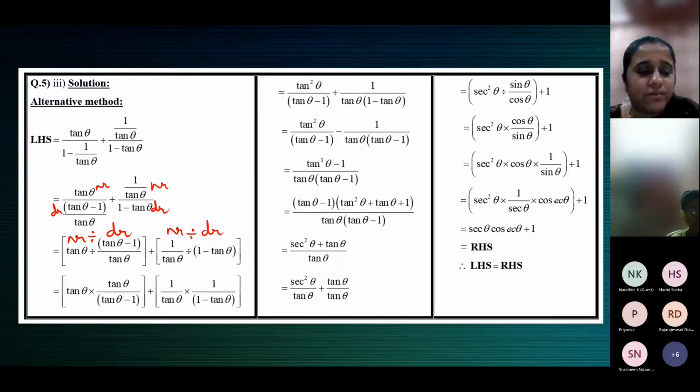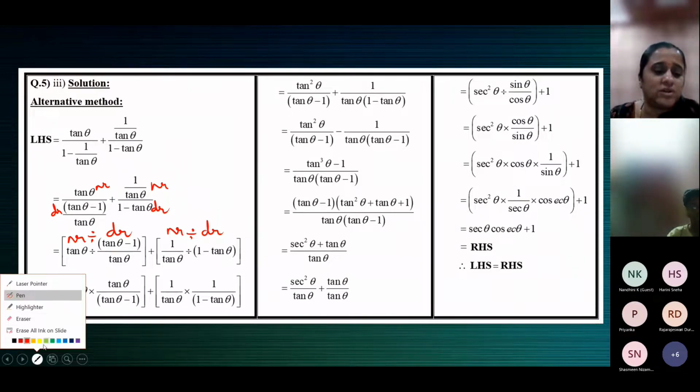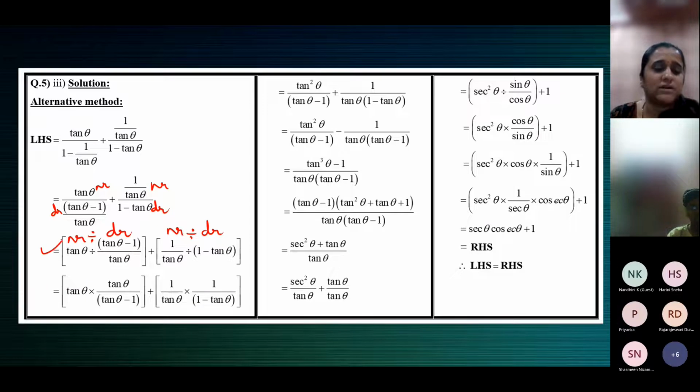Numerator tan theta divided by the denominator, plus 1 by tan theta, the numerator, divided by the denominator 1 minus tan theta. Please ask me, children, if I'm not clear. Is this step understood?